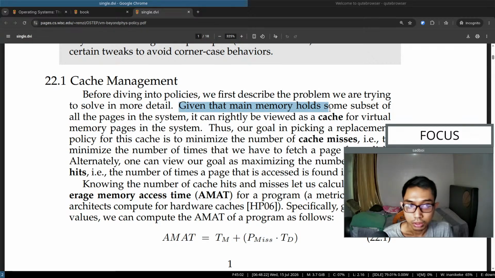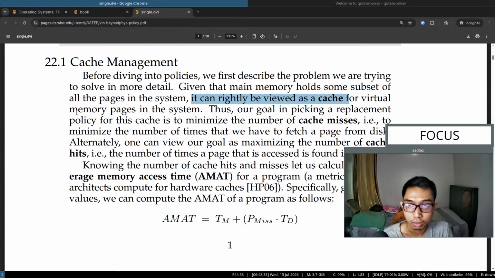Given that main memory holds some subset of all the pages in the system, it can readily be viewed as a cache for virtual memory pages in the system.